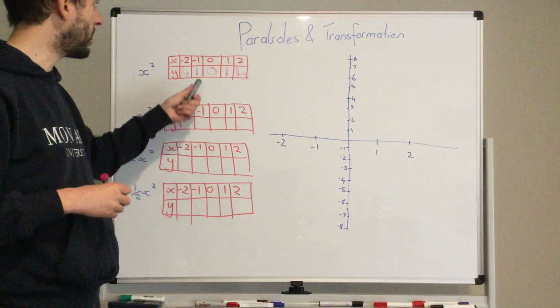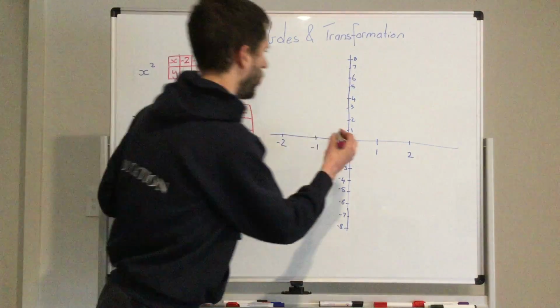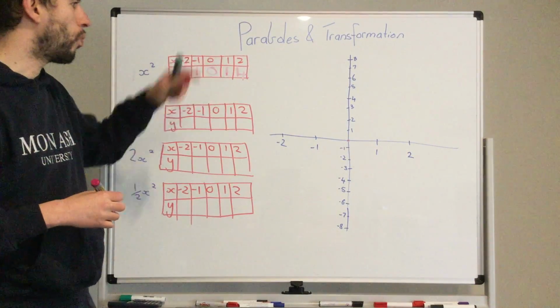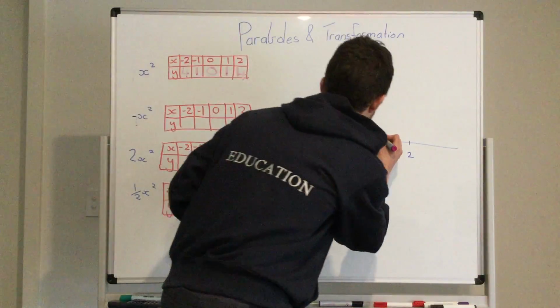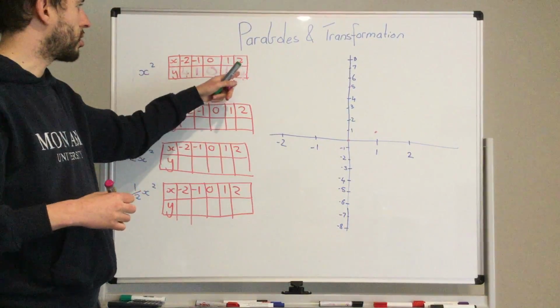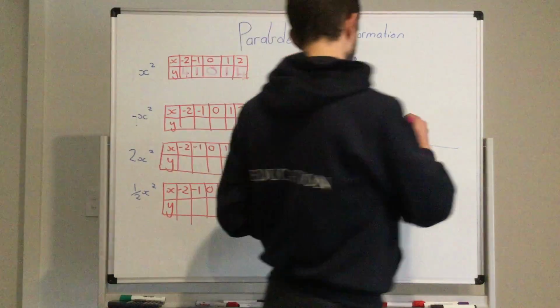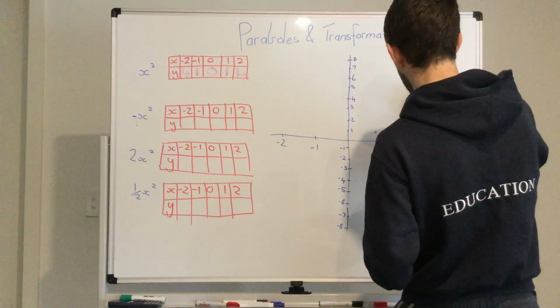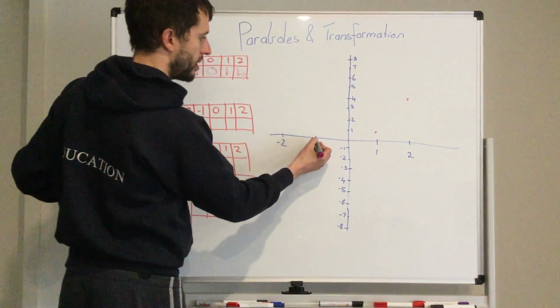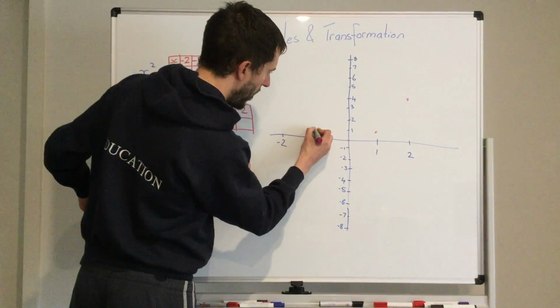So that means when x is 0, y is 0. When x is 1, y is 1. When x is 2, y is 4. Same on the other side, when x is negative 1, y is 1.